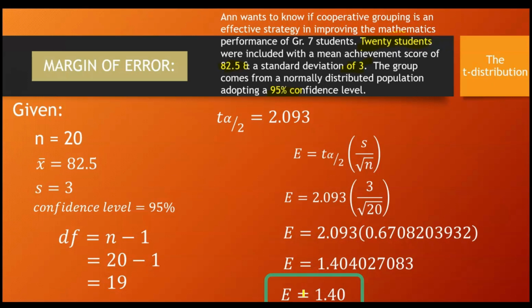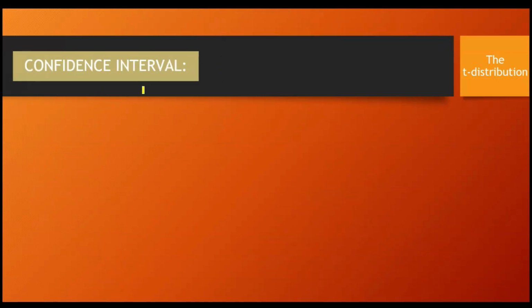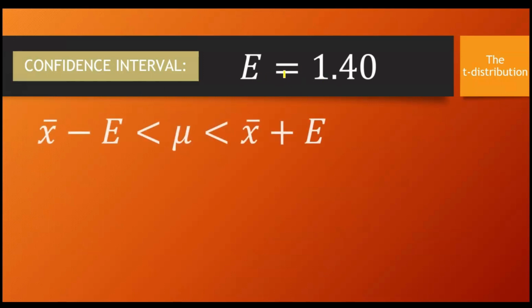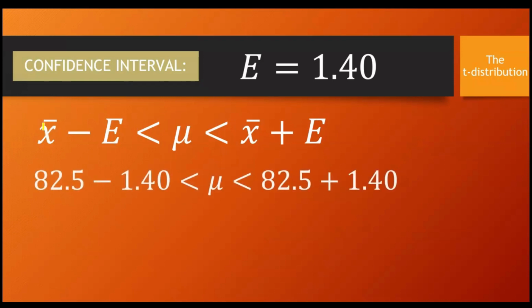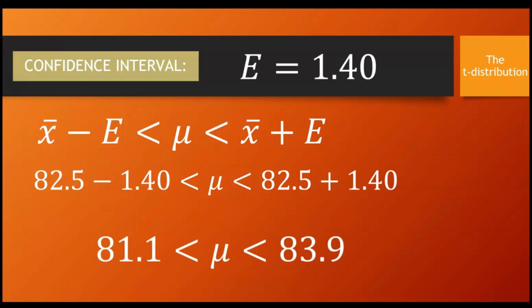Now let's solve for the confidence interval of our population mean. Remember that our solved margin of error based on the sample size 20 is 1.40. So we use the formula: the population mean is between sample mean minus E and sample mean plus E. We just simply substitute. Our given sample mean is 82.5 minus the margin of error 1.40, and 82.5 plus 1.40.